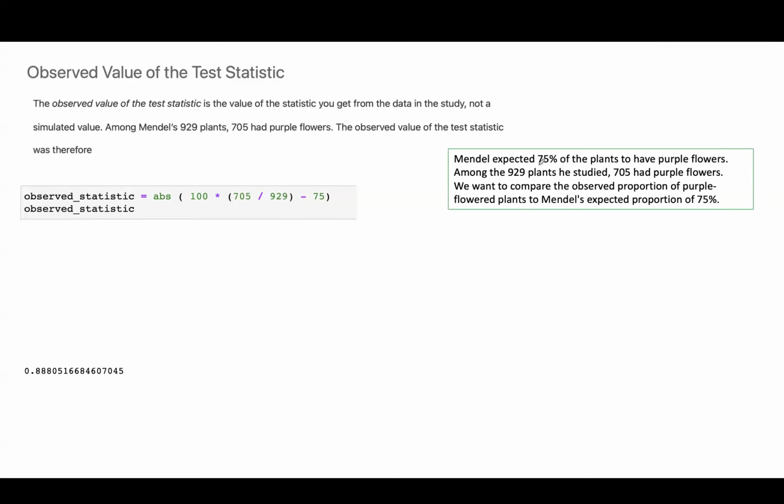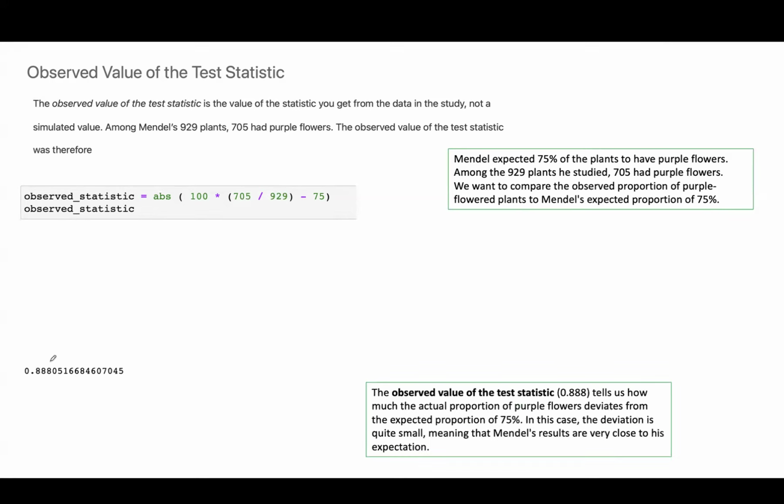So Mendel expected 75% of the plants to have purple flowers, and among the 929 plants he studied, 705 had purple flowers. So if you do the division, you get about 75.88%. The observed statistic tells us how much the actual proportion of purple flowers deviates from the expected proportion of 75%.